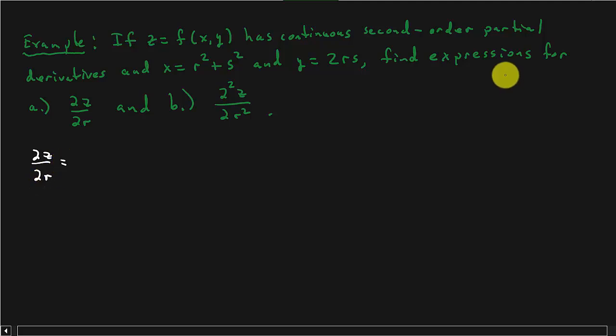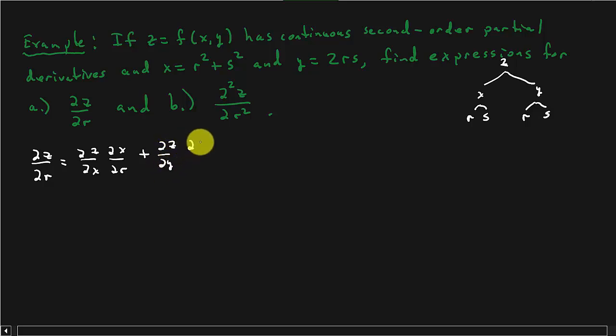Like I said, if it helps, we've got z here, and then we've got x, y, and then r, s, r, s. So this is going to be the partial of z with respect to x times the partial of x with respect to r plus the partial of z with respect to y times the partial of y with respect to r.